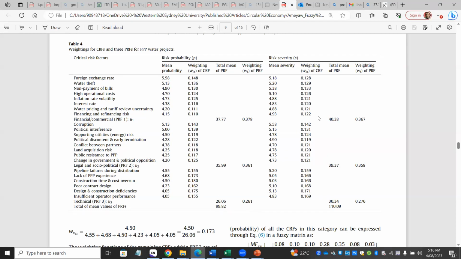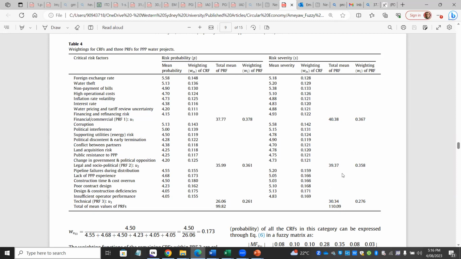Now let's take the other aspect, which is the risk of severity. So you also add up the total mean of each group. The three of them will give you 1110.09.